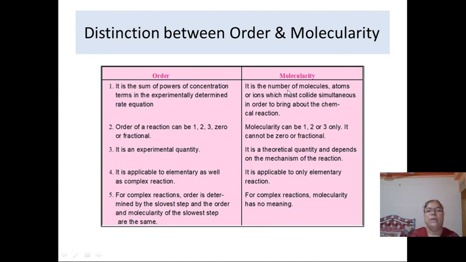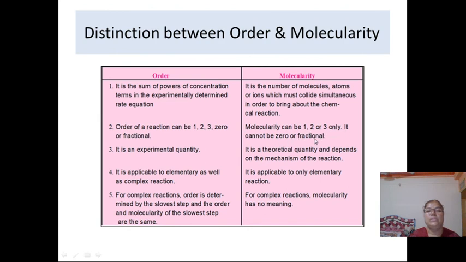And molecularity is the number of molecules or atoms or ions which must collide simultaneously in order to bring about the chemical reaction. Then order of reaction can be 1, 2, 3, 0 or any fractional number, and molecularity may be either 1, 2, 3 only.